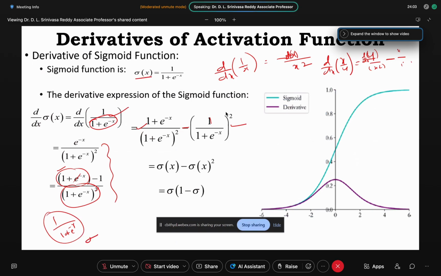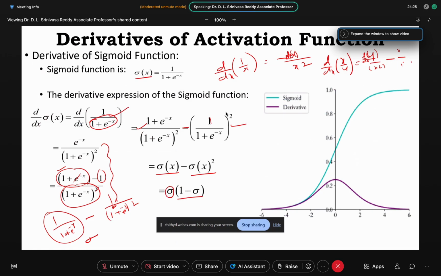Whatever you see here is sigma minus 1 by 1 plus e power of minus x, whole square. This is nothing but sigma square. So you can make it as sigma of x minus sigma of x square. If you take both together, it is sigma of 1 minus sigma.